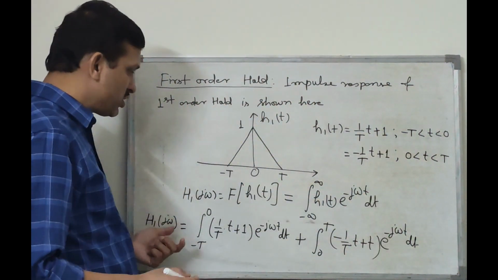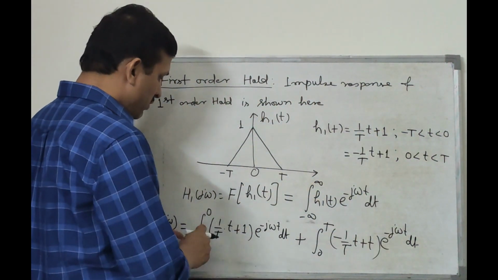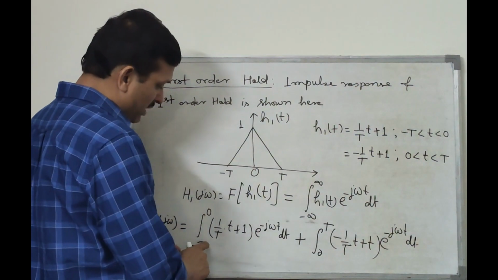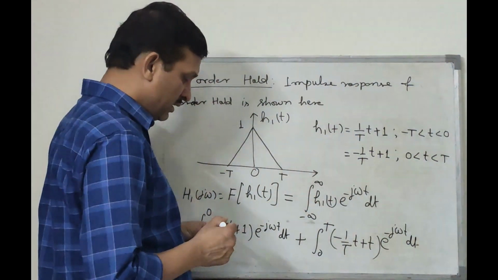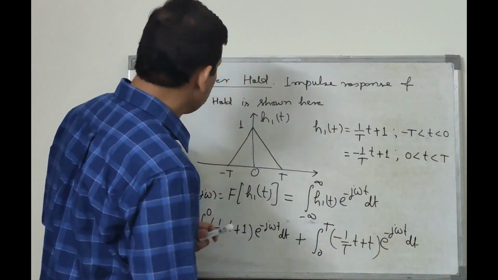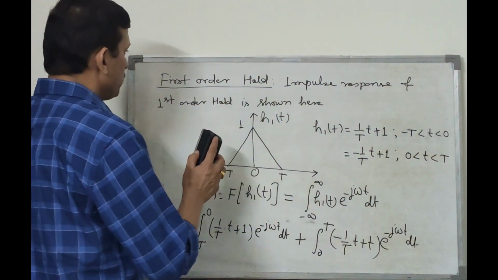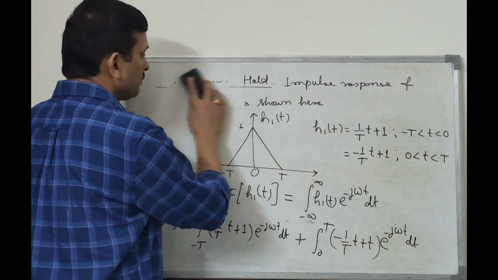So we have used the definition of Fourier transform, and we have written the integral in two parts, one interval minus T to 0 and the other from 0 to T. Now we will solve this integral to find the Fourier transform for first order hold.